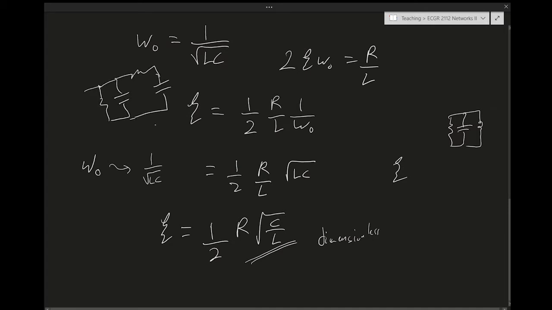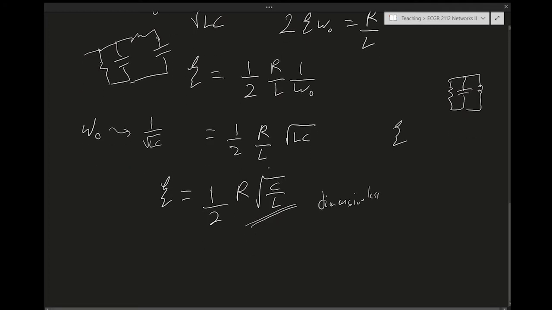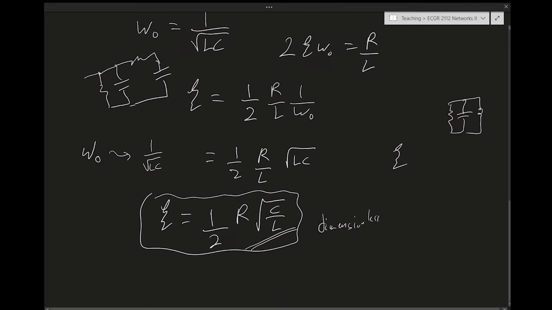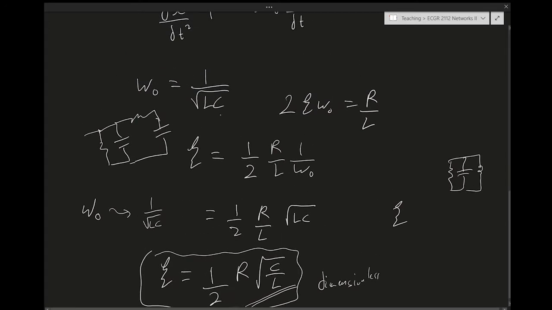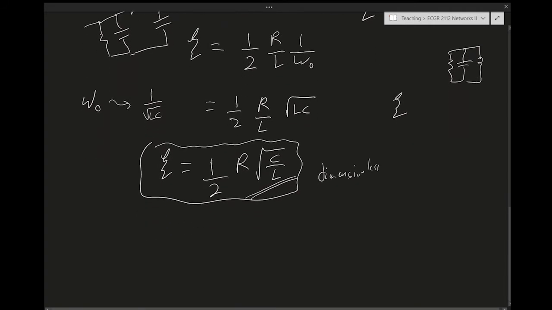Those will not show up as 1 over the square root of LC. Those will be different. You have to solve the differential equation for those circuits. So this is what zeta is going to be for the series case and what omega naught is. All right, let's solve some examples.